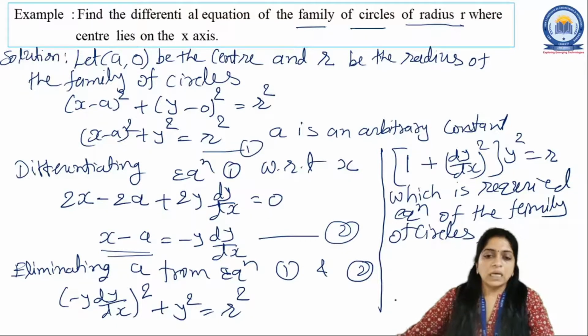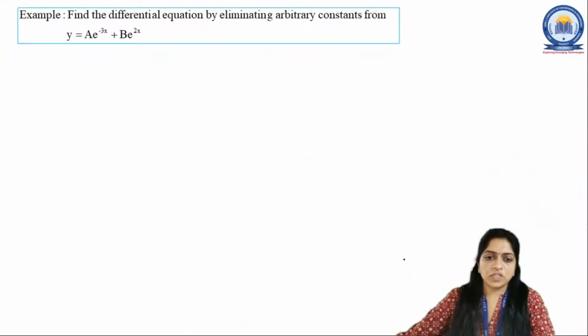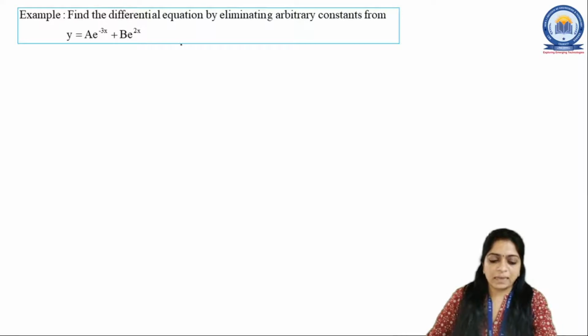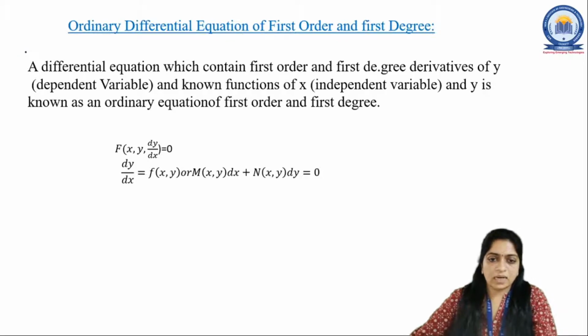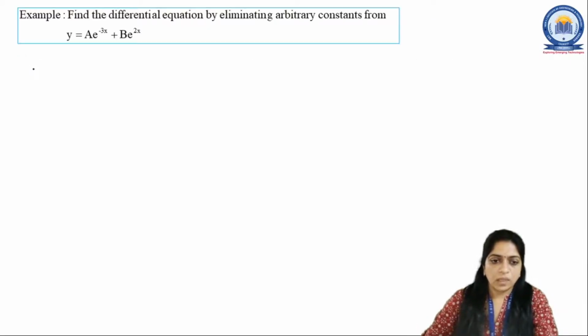Got it? Let's move with one more example of the formation of the differential equation, that is, find the differential equation by eliminating arbitrary constants from y equal to a e raised to minus 3x plus b e raised to 2x. So let's start the solution.